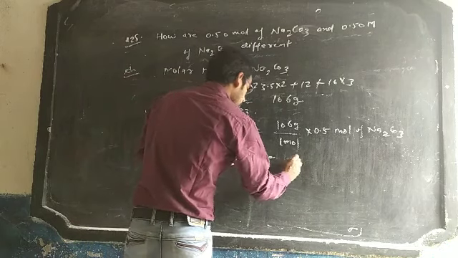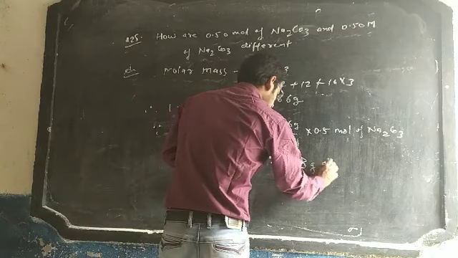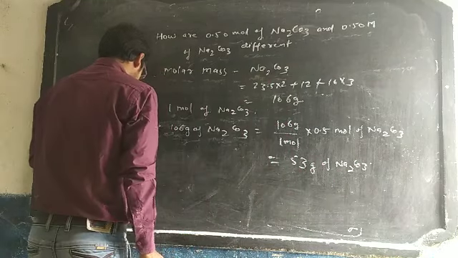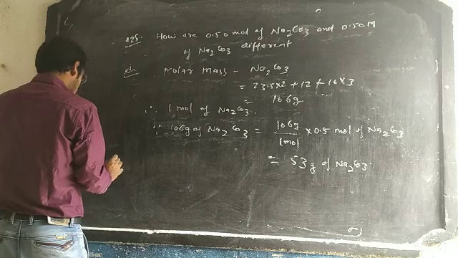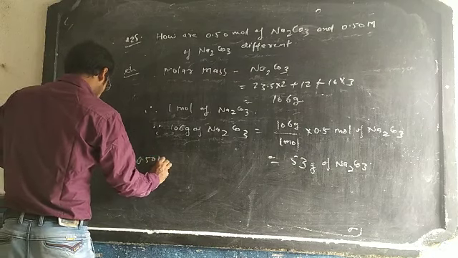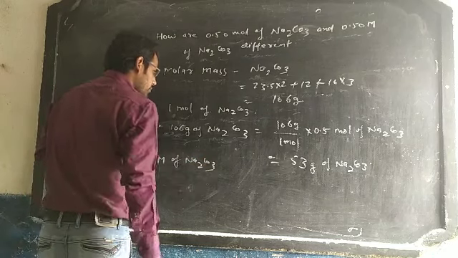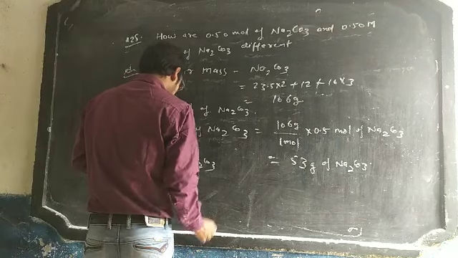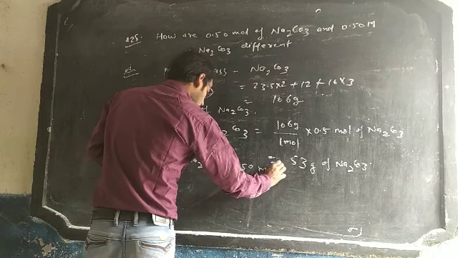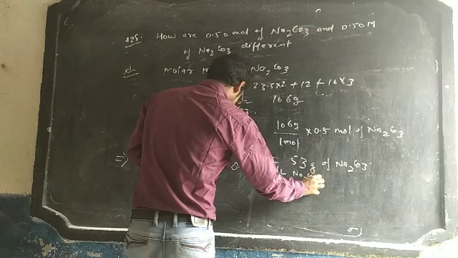Right? Therefore 53 gram of Na2CO3. Now that implies 0.50 molarity of Na2CO3 is equal to 0.50 mole per liter of Na2CO3.